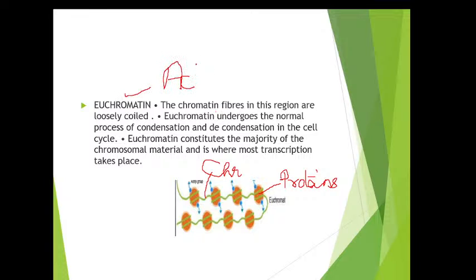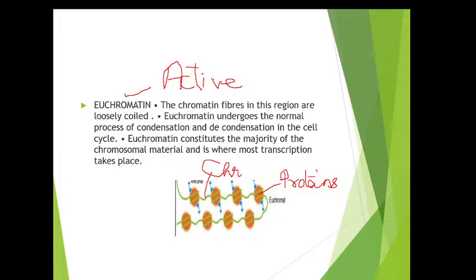That is the main difference. Euchromatin is the active chromatin where protein synthesis and RNA synthesis happen when it is in a euchromatic condition. That's what's known as euchromatin. Eu means true chromatin, which is involved in RNA synthesis and proteins.